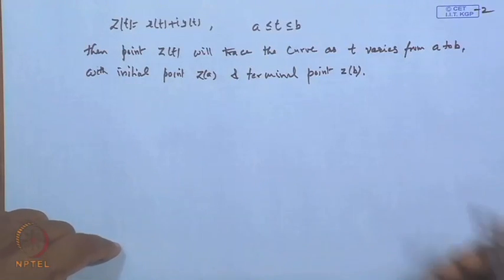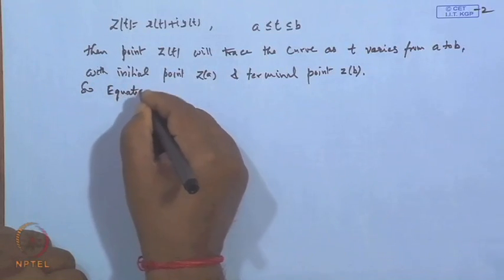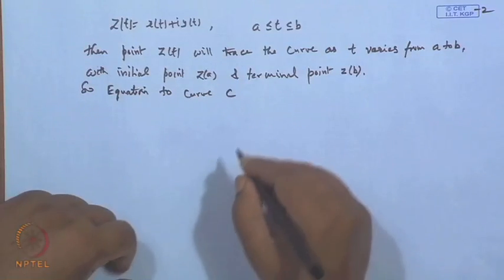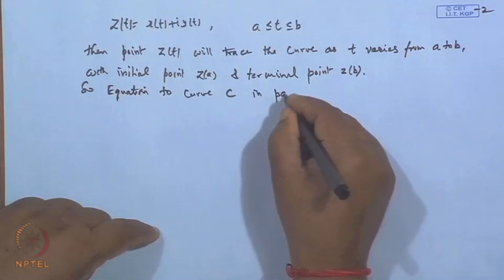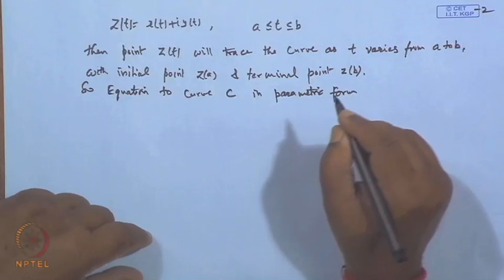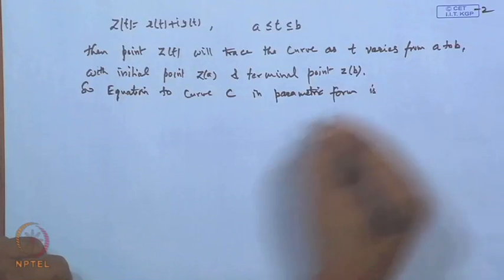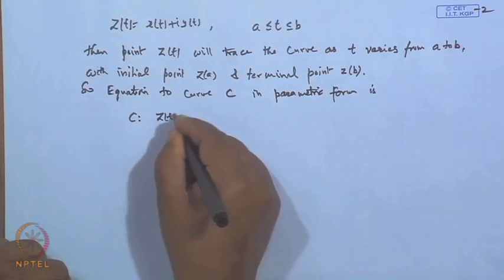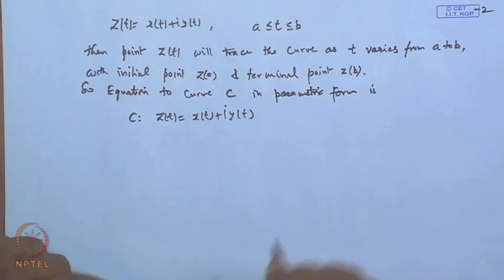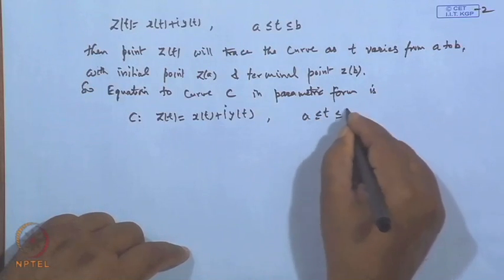So, the equation of the curve C can be written in the parametric form as z(t) = x(t) + i y(t), and t is varying from a to b.